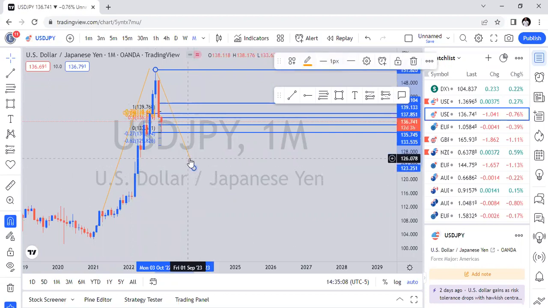So you see how we are merging our knowledge of what is happening in the market to put us in a position where we now know whether we should be buying or selling. So number one, we already had this impulse. We know that for the market to continue, there should be a retracement.